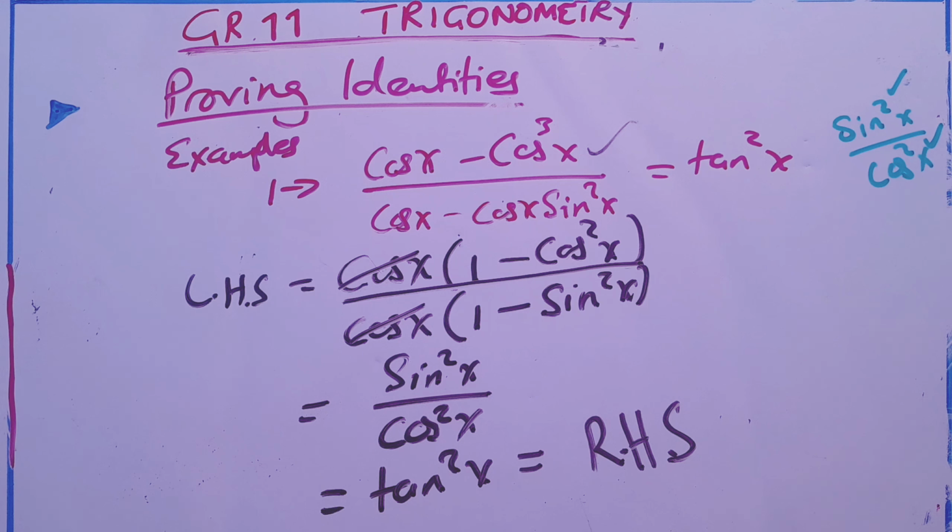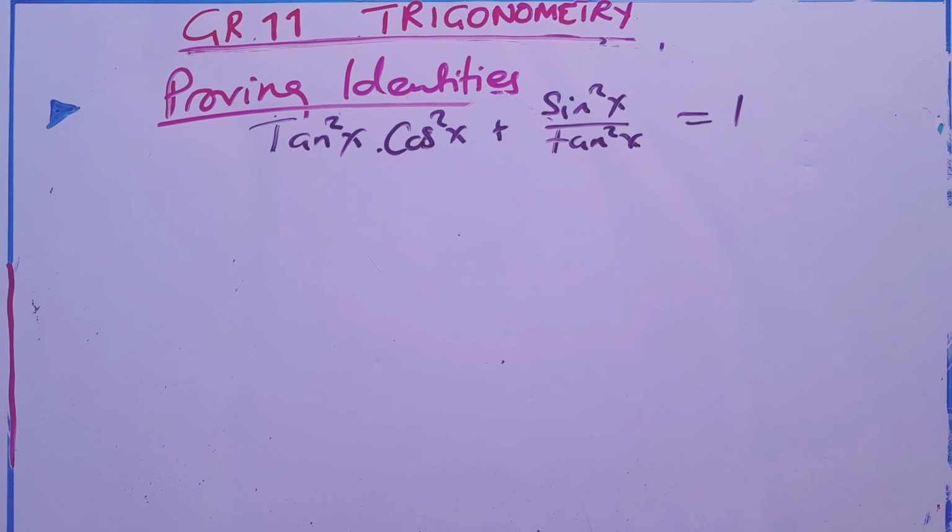Can you see that? Let's take a look at another example, guys. Now we are asked to prove that tan squared x multiplied by cos squared x plus sin squared x over tan squared x should be equal to 1, right?